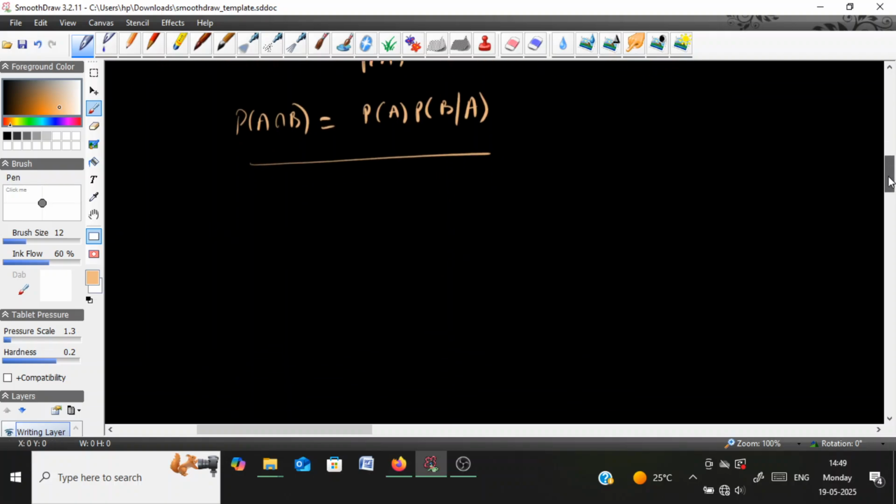And we have taken an example of drawing of cards from the deck. So as an example, suppose an experiment consists of drawing two cards from a deck in succession without replacing the first card, and you have to assign a probability of obtaining two red aces in two draws.